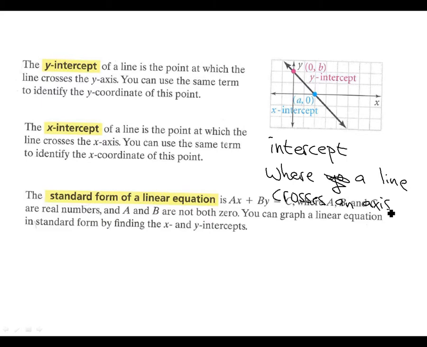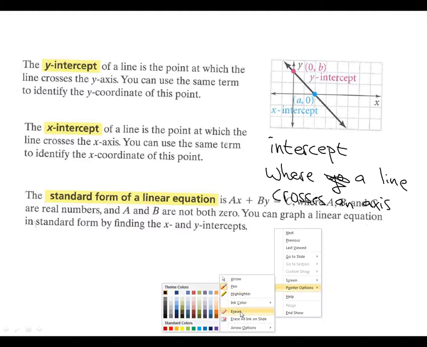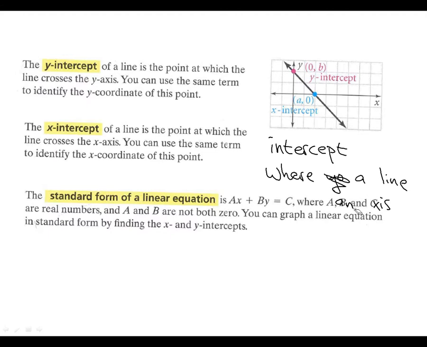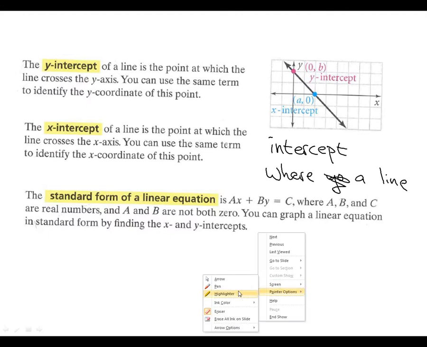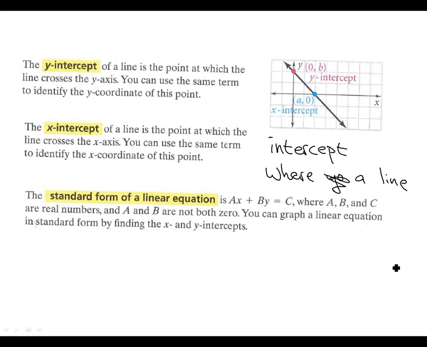All right, next thing up here is we can go introduce the standard equation of a line. And so the standard form of linear equation is ax plus by equals c. And so really what that's saying is get the x's and the y's on one side and the c on the other.